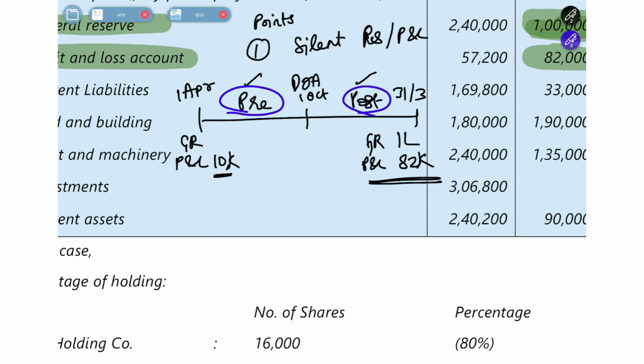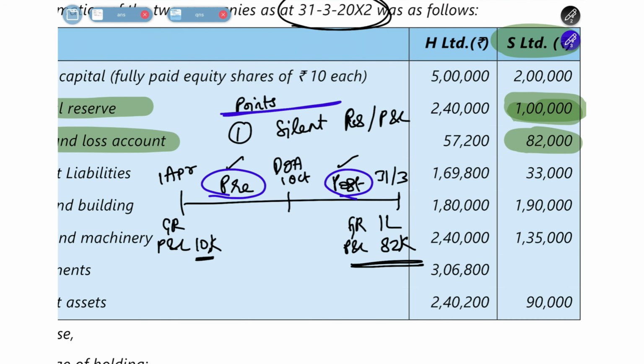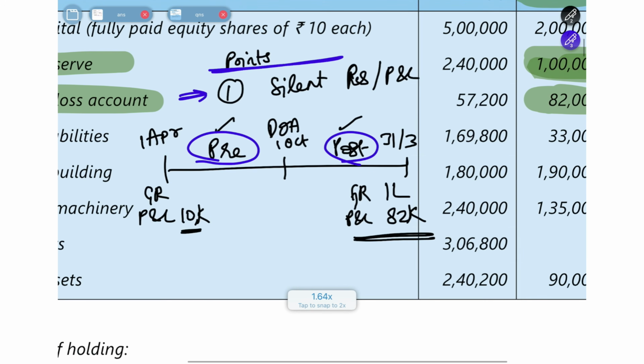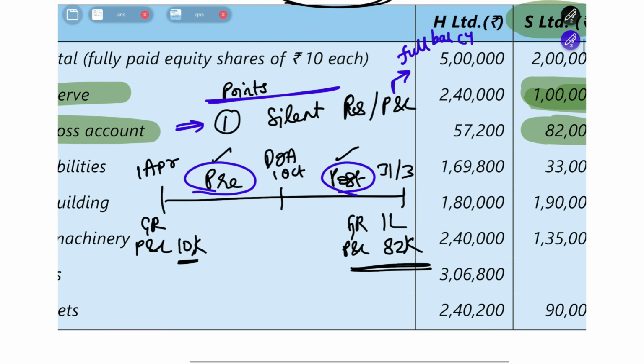We read in our points to remember in our concept video, and you can also refer back to your notes. In the case of P&L, you have to assume that the full remaining balance is related to the current year only.